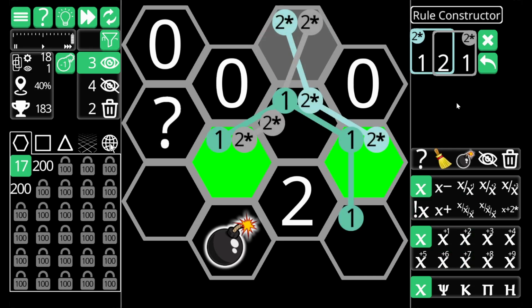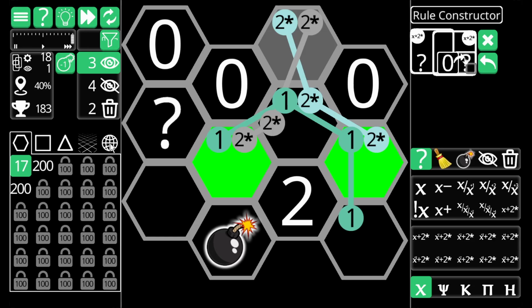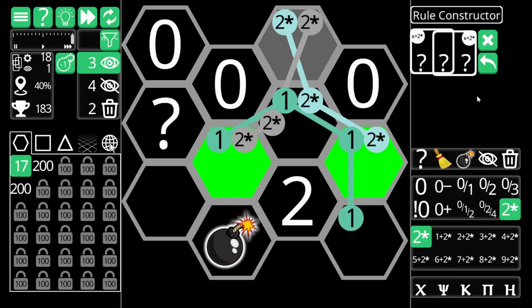So if these are each x plus 2k, then the part where they don't overlap is just 2k, right? Out of curiosity, what happens if I try to write a negative number here?